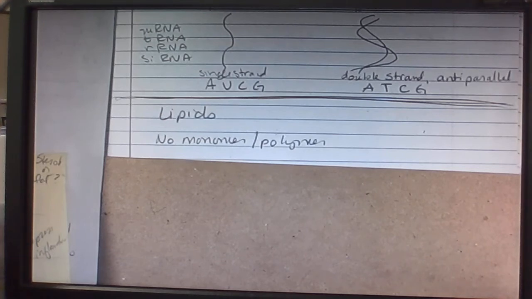All right, so there are no monomer, polymer, structural kind of things for lipids. However, carbohydrates do have a monomer. What was the name, the word that we gave to carbohydrate monomer?